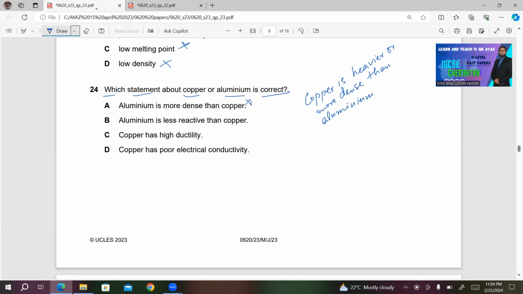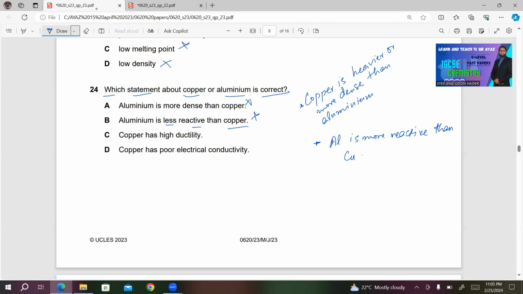B, aluminium is less reactive than copper. This is also incorrect. If you look at the position of aluminium in the reactivity series, aluminium is more reactive than copper, which means it is above Cu in the reactivity series. This is incorrect.